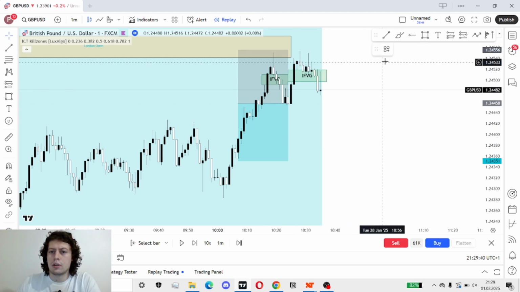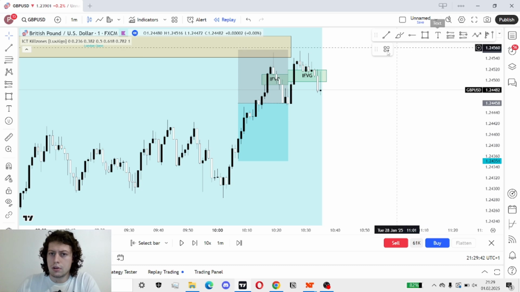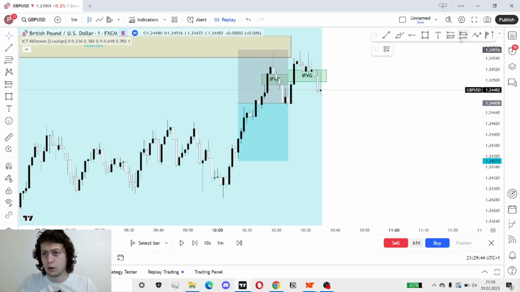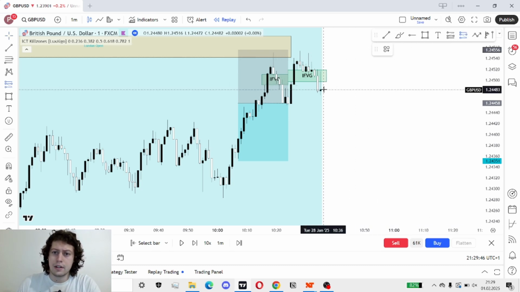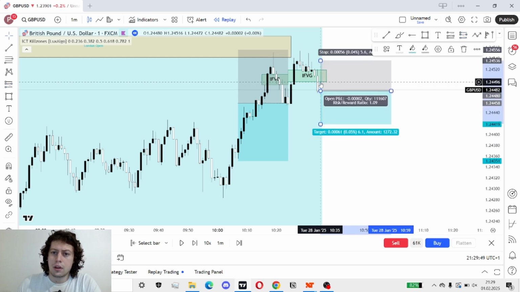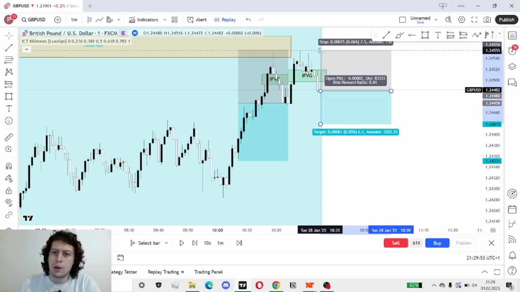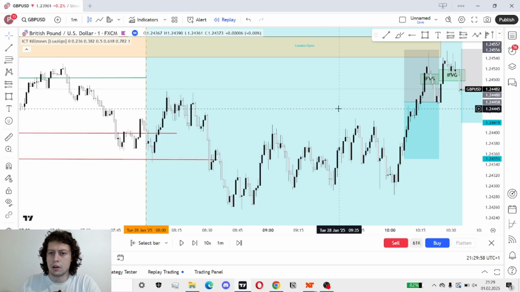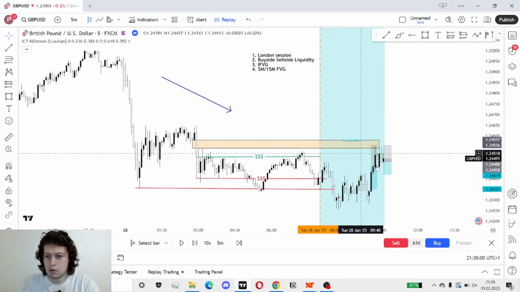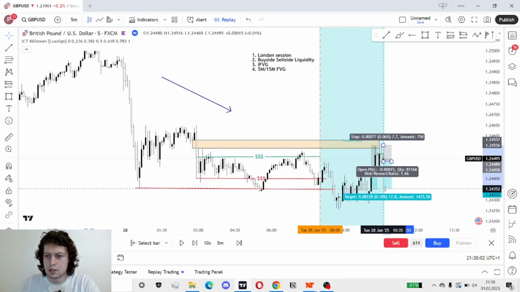So I will mark it down, and the philosophy is that we enter at the candle close of this inverse fair value gap. We place our stop loss above, and we target the sell side.